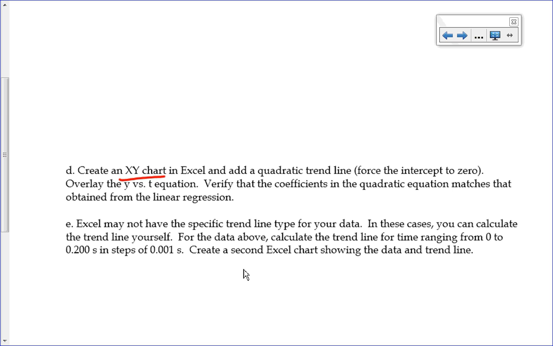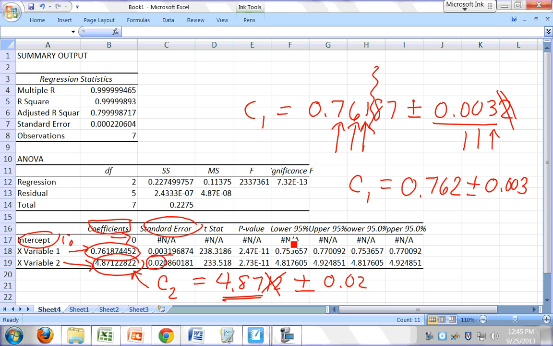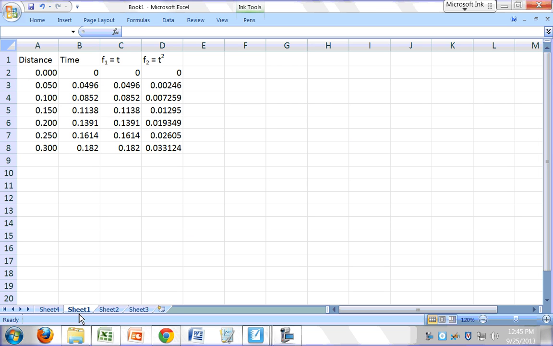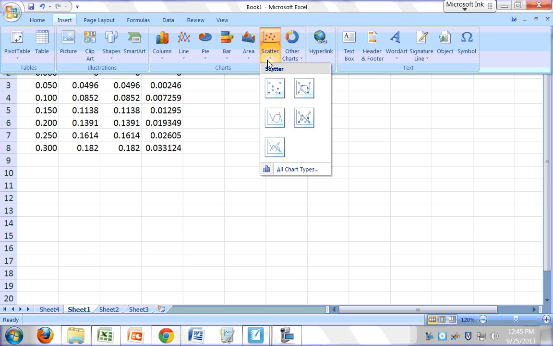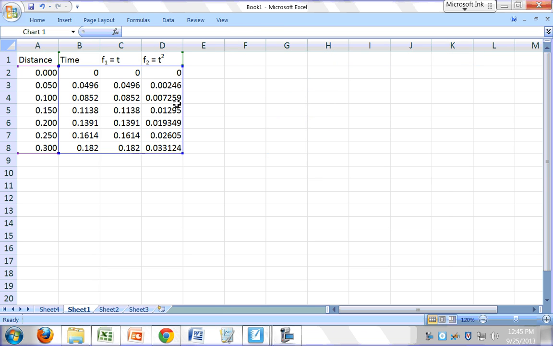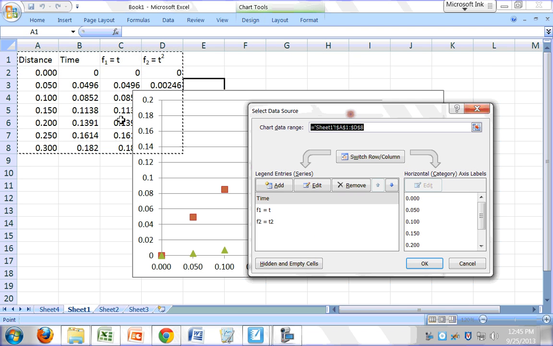Okay. So what are we plotting? Let me go back to sheet number 1. I'm going to plot distance versus time, right? So I'm going to insert a chart, scatter plot, okay, and Excel's trying to figure out what to graph for me, so I have to override, select data.